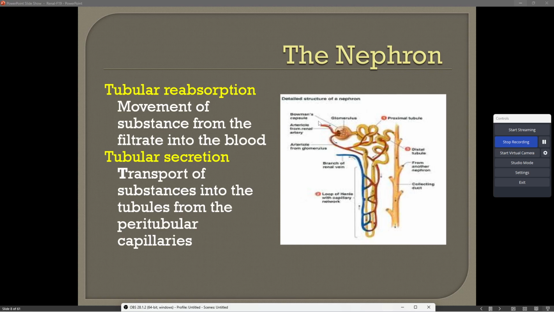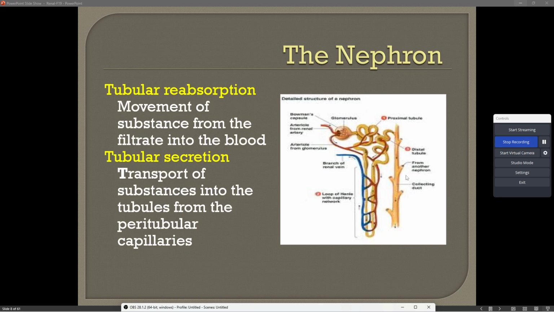These arterioles will come into what's called Bowman's capsule, where you will find a network of tubules and pathways known as the glomerulus. The glomerulus is then responsible for pulling in. It's like a filtration system where we start with a big broad filter that captures everything, and then we go through a series of smaller tubules, and we collect more and more as we go, and I'll explain in a moment.